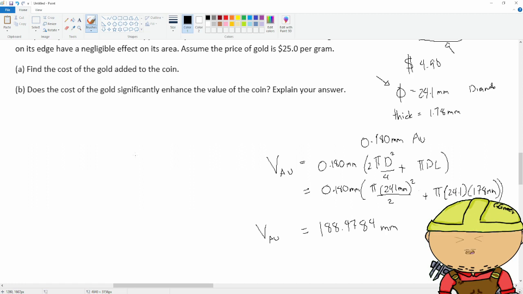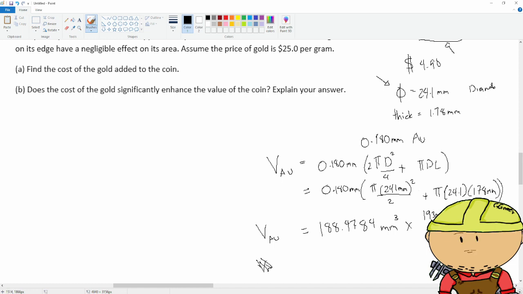What's the question? Find the cost of the gold in the coin. The density of gold is 19,300 kilogram per meter cube. If we multiply that by the volume, we convert millimeter cube into meter cube. 1 meter is 1,000 millimeter, and that's cubed, right?